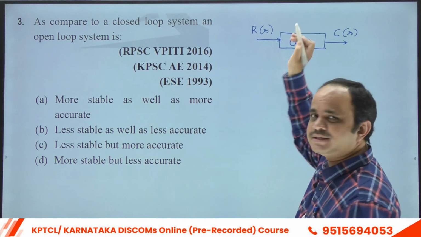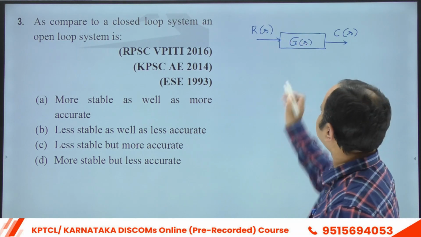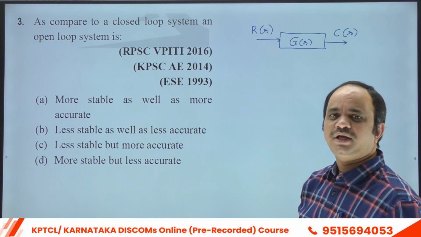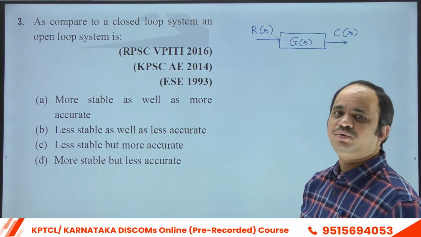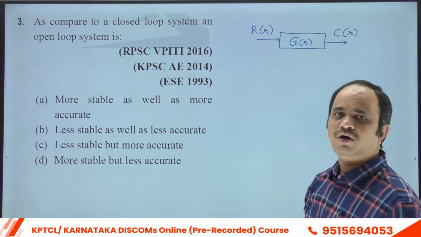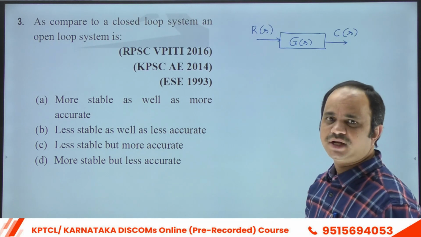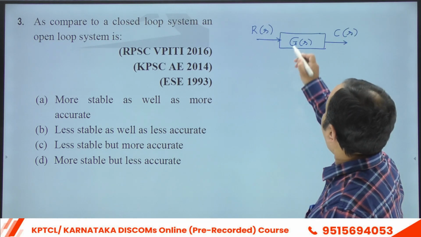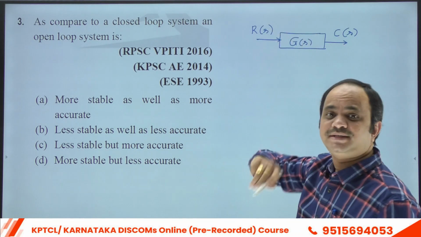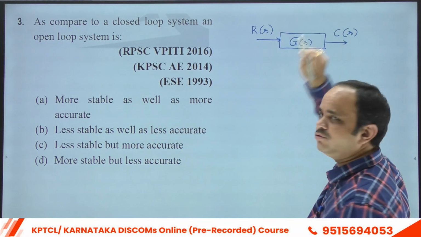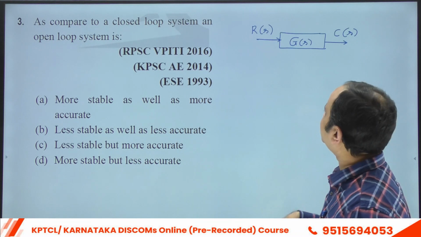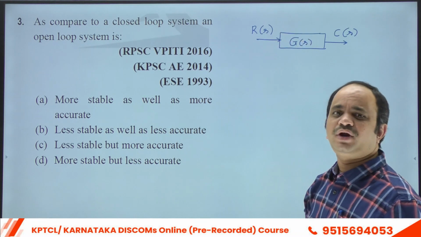We need to place some controller before this system transfer function. That controller should have the information about the output signal. So if this controller doesn't have the information on the output signal, then what will happen generally? There are more chances for error.